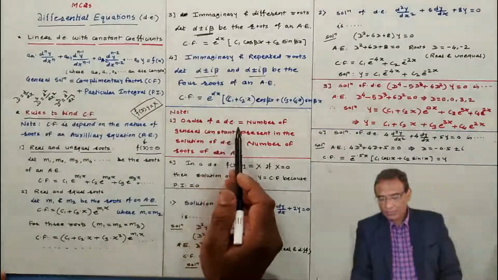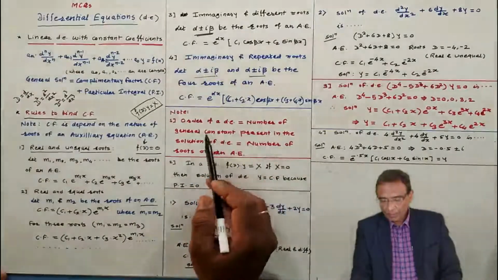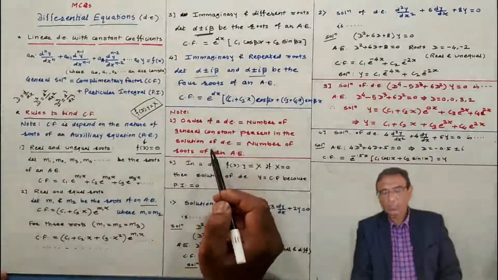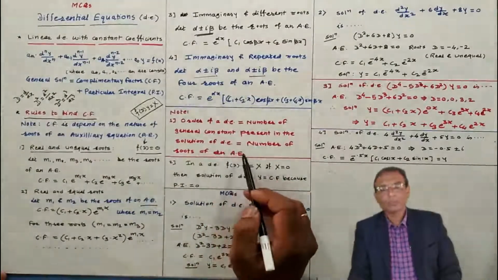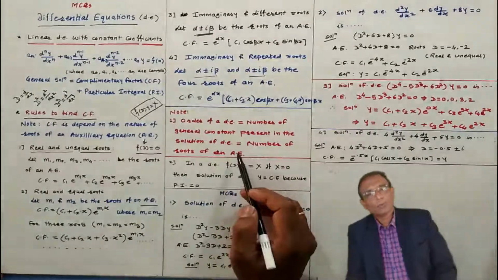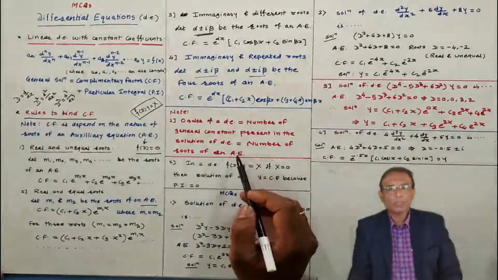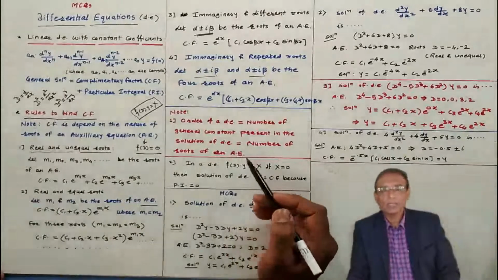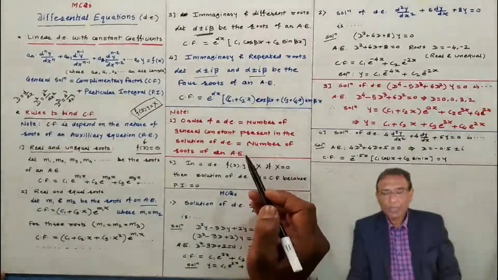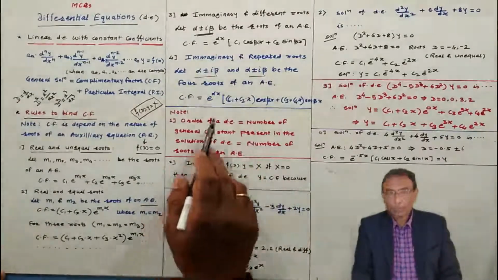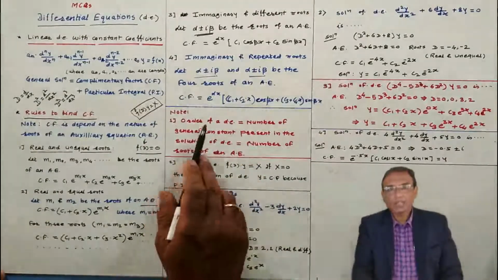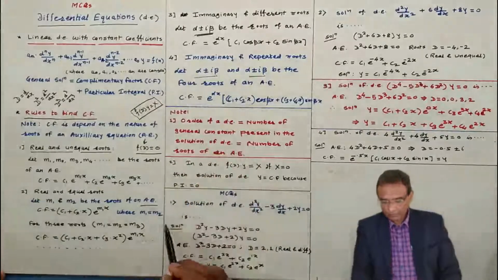The order of the differential equation is equal to the number of general constants present in the solution of the differential equation, which is equal to the number of roots of an auxiliary equation. If the number of roots of an auxiliary equation is 4, then the number of general constants present will be 4 and the roots of an auxiliary equation will be 4, like that. This is an important note, and this may be asked as an MCQ.